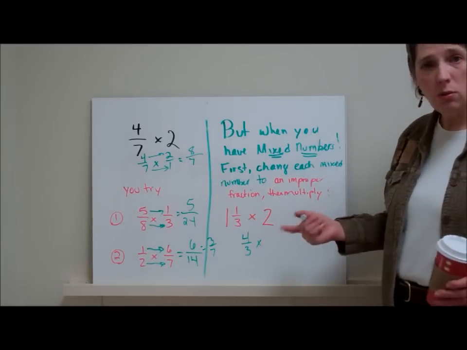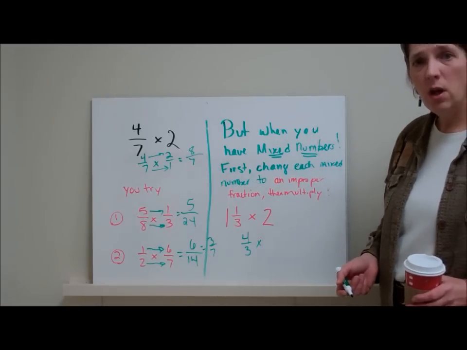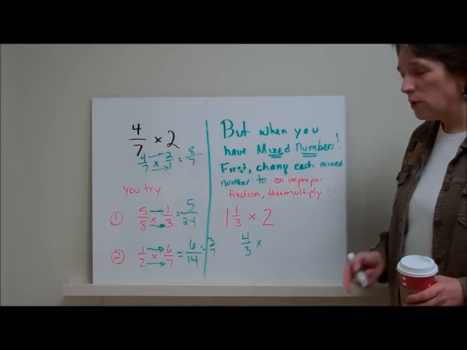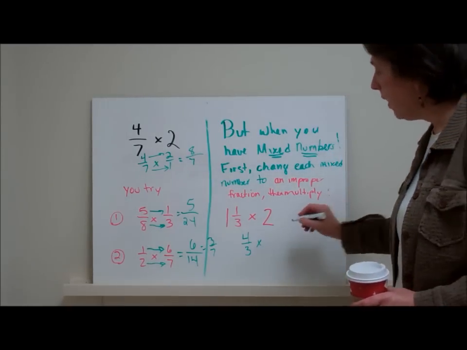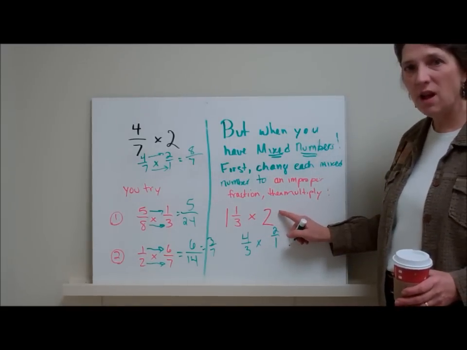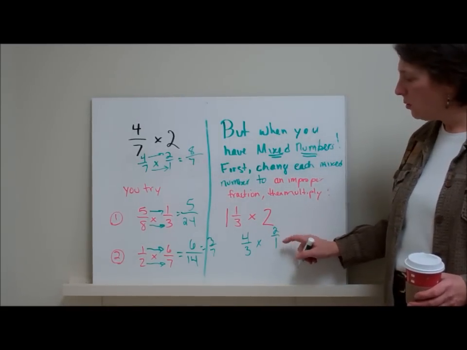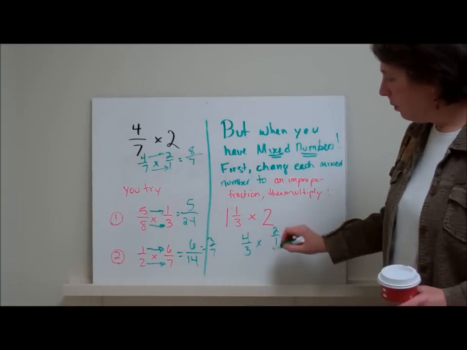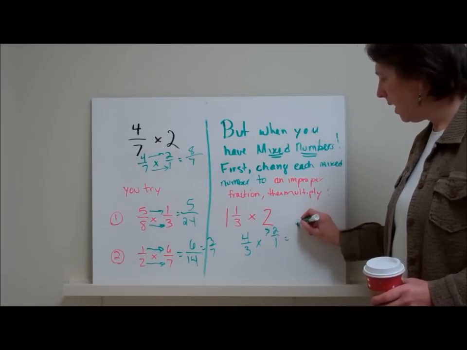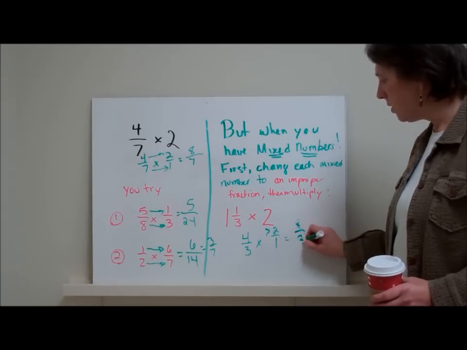And what is 2? We have to write that as an improper fraction. It's not 2 over 2. 2 over 2 is 1. So we have to say 2 over 1, not 2 over 2, because that doesn't represent 2. Now we multiply numerator times numerator, that's an 8, and denominator times denominator.